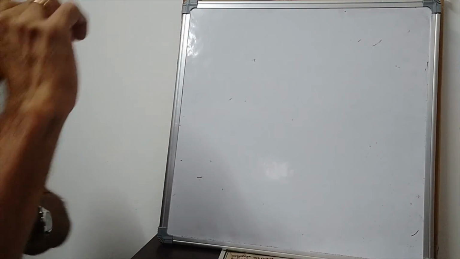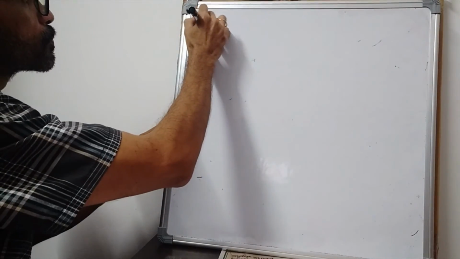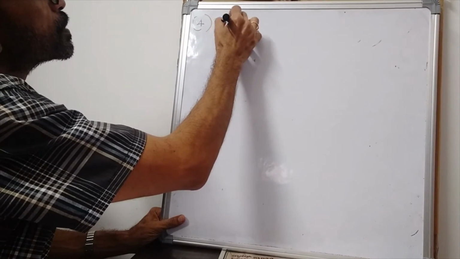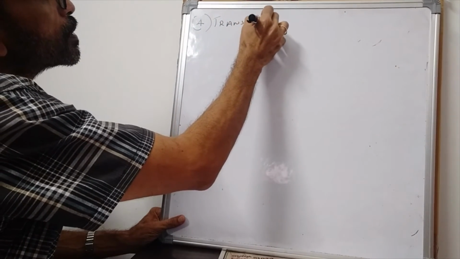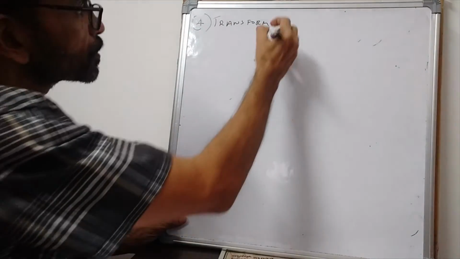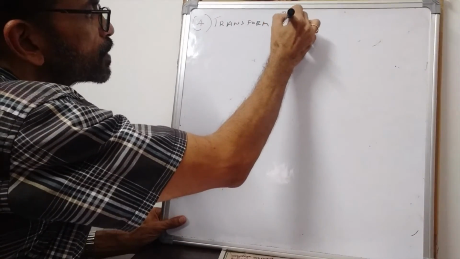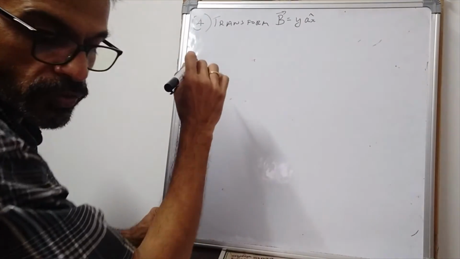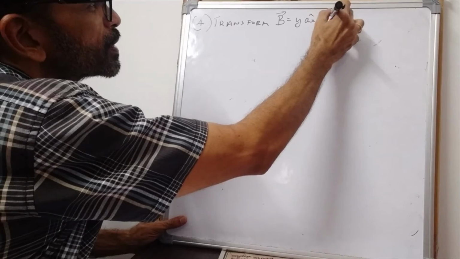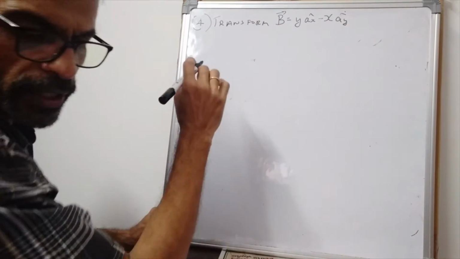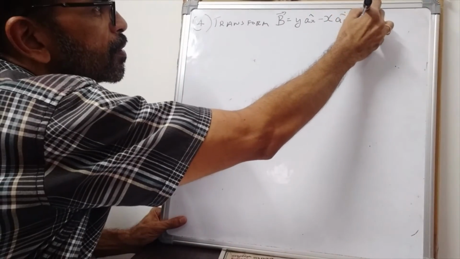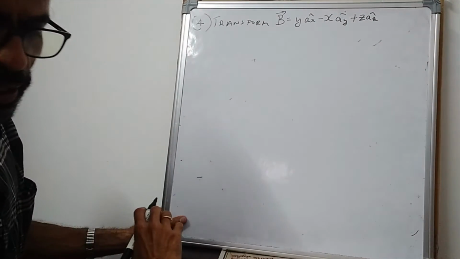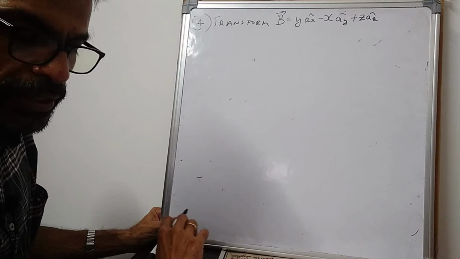Now here the question is, transform the vector b equal to y ax cap minus x ay cap plus z az cap into cylindrical coordinates.